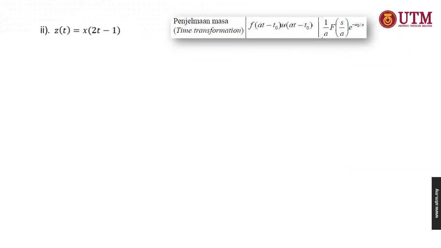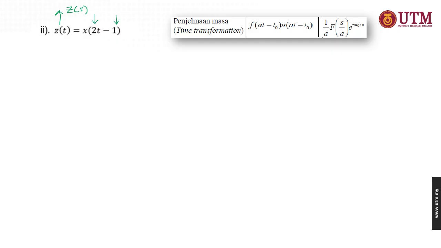Okay, let's look at the second part of the question. You need to find the Laplace transform for z(t). So in this case, you need to find your Z(s). Again, refer to the Laplace transform table. Look at the function or operation involved. In this case, you may notice that there's scaling and also shifting. From the table, you may notice that it is basically a time transformation process. Next, you need to compare the given equation with the one you have from the table.